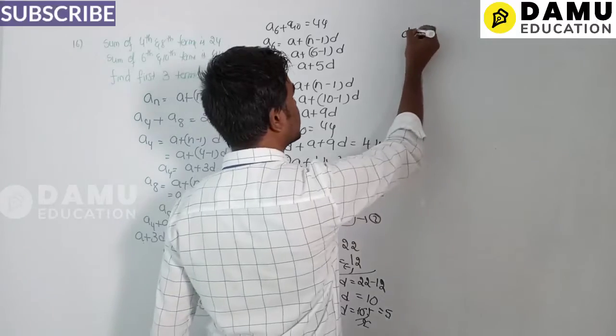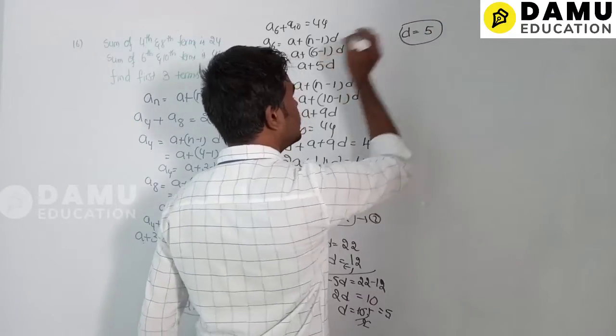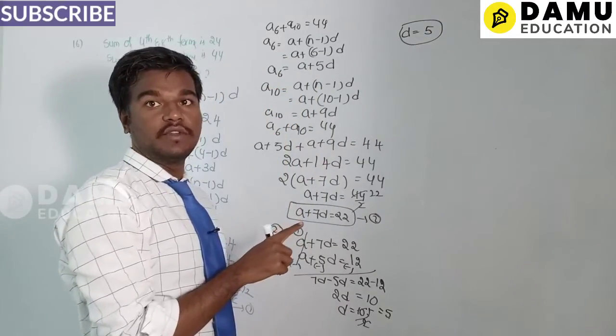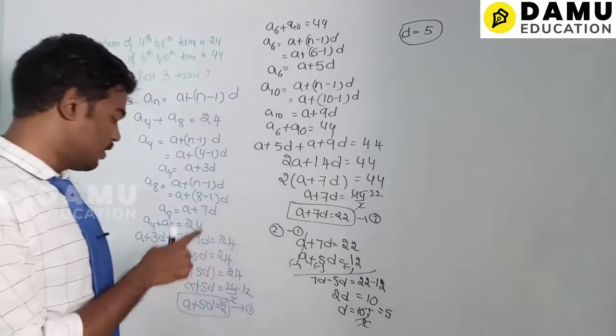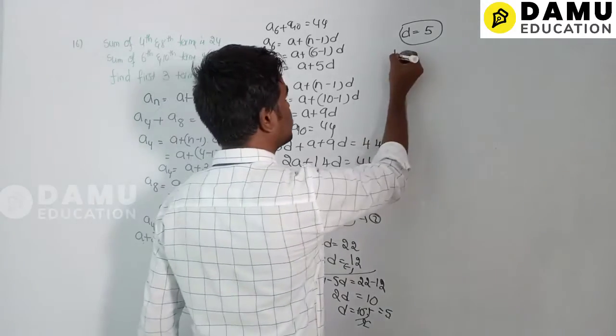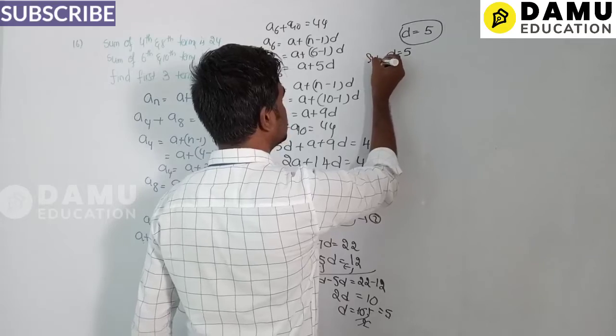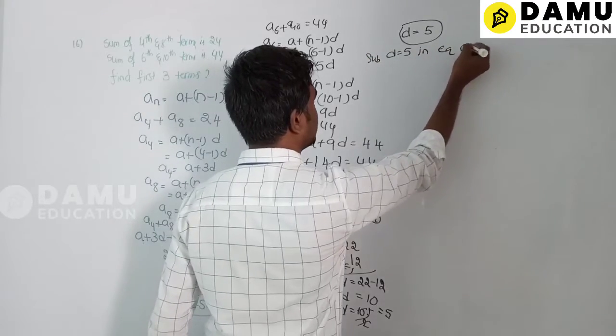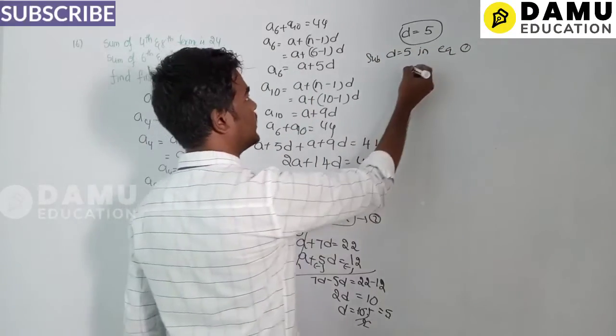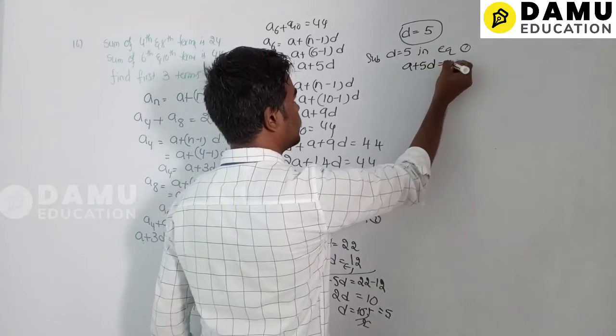So the common difference is 5. Let's substitute the D value in equation 1 or equation 2. Let's substitute D is equal to 5 in equation 1. Equation 1 is A plus 5D will be equal to 12.